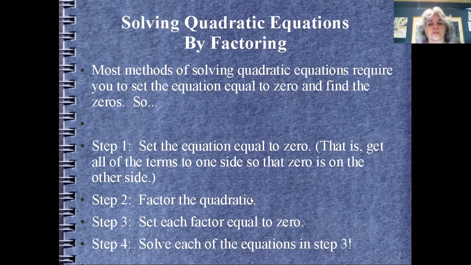And then we're going to factor the quadratic. Hopefully you've gotten some good practice with that. The third step is to set each factor equal to 0, and I'll explain why that is true. And then solve each of those equations to get your answers.